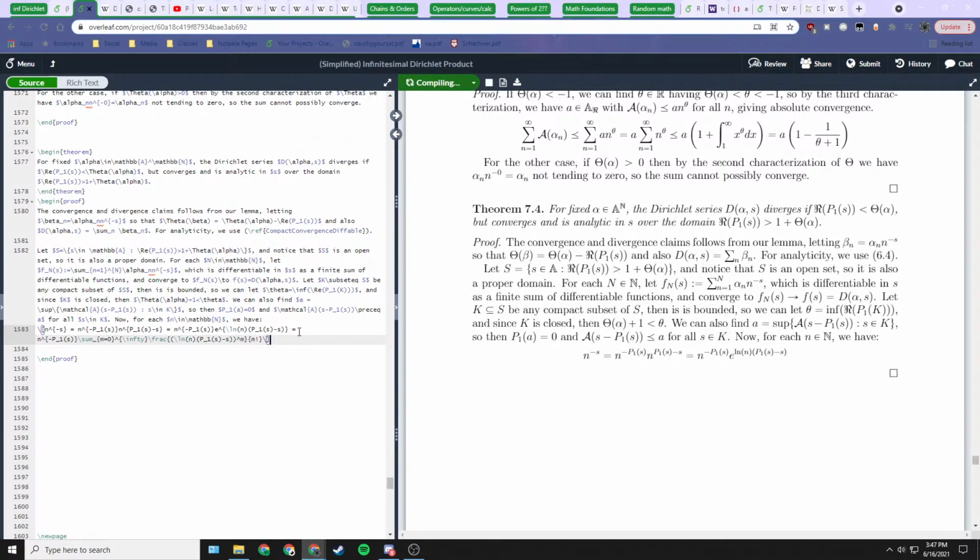Okay, this is definitely going to work. So n power negative S is this.